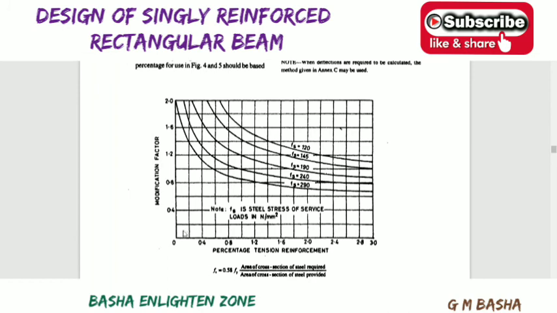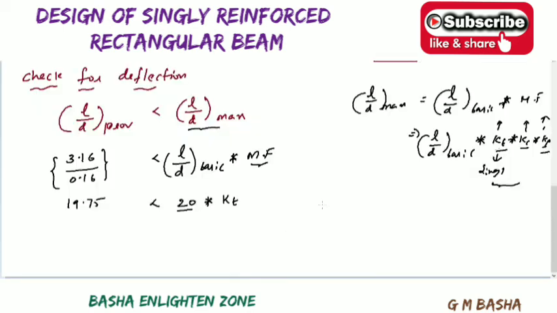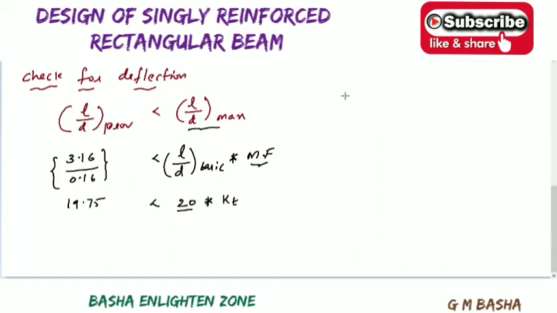See here, based on this Fs curve only, we are going to find the modification factor. Fs will be equal to 0.58 Fy times the area of the cross section of the steel required to that provided. Based on that, we have to find out the Fs. So I will find the Fs value here.